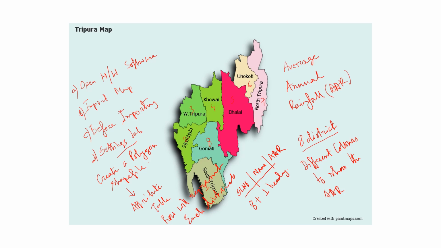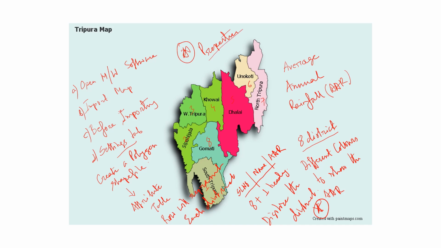Now, after doing all this, we have to digitize the districts, and then we will select the properties tab by right clicking on the polygon shapefile that we have created for representing the AAR.